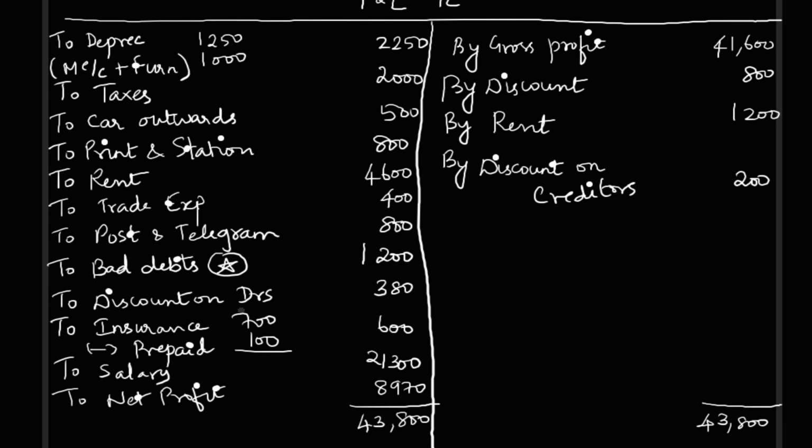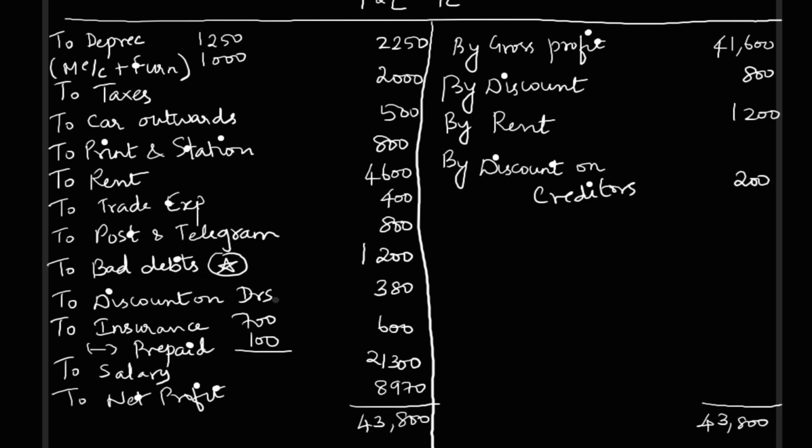Like I told earlier, discount on debtors is shown separately. Discount on debtors, again, if there is any old provision, you will adjust, treat it a little differently. We'll see in another sum. So discount on debtors 380. To insurance 700, but you have already prepaid 100 rupees, so it is 600.